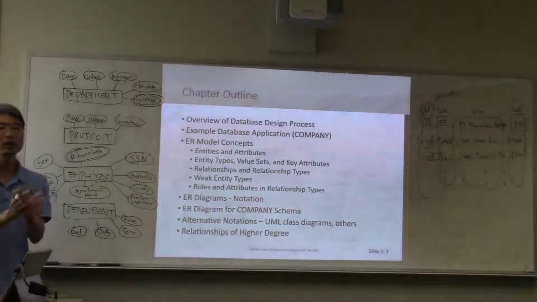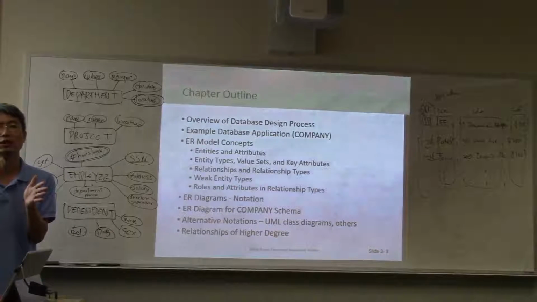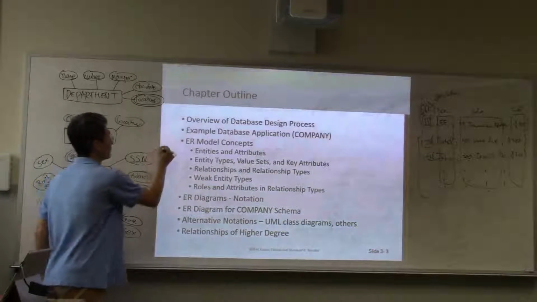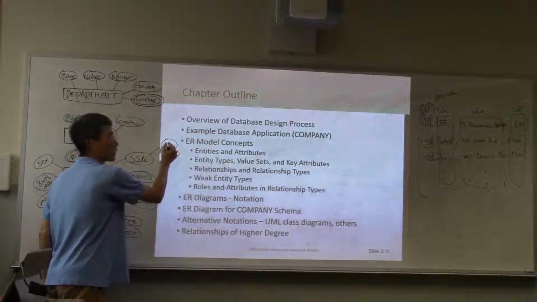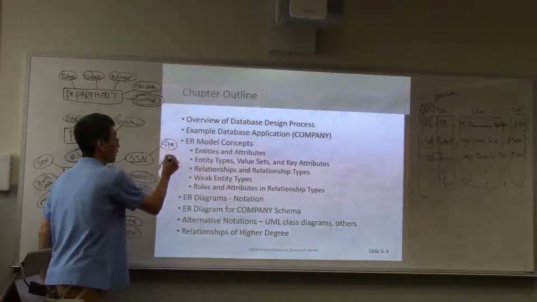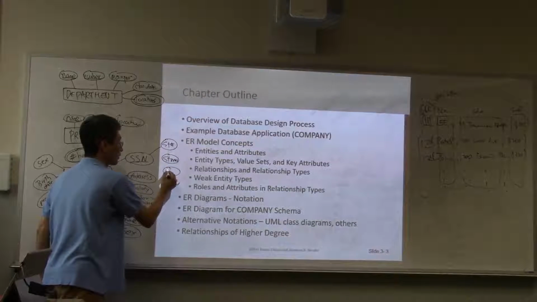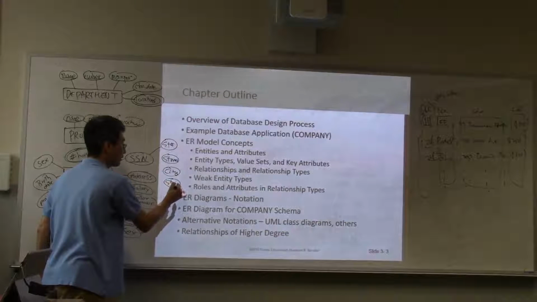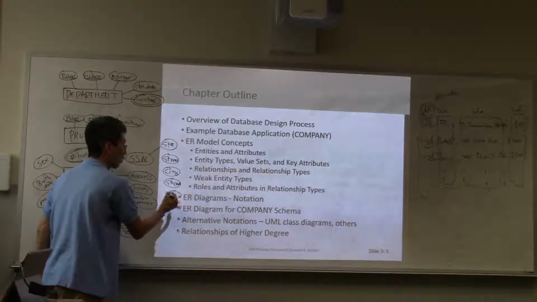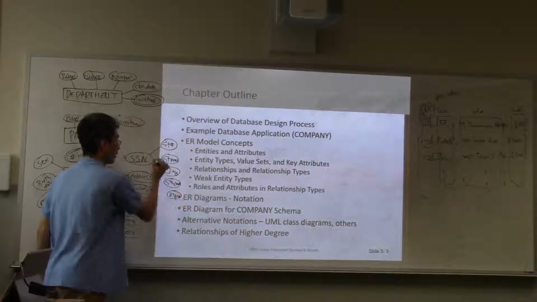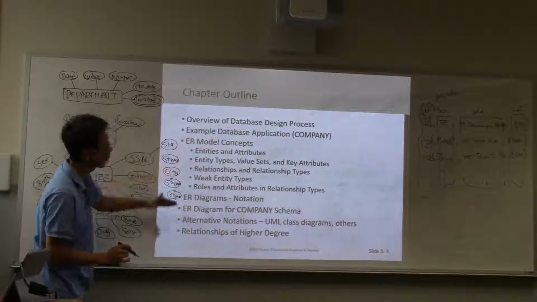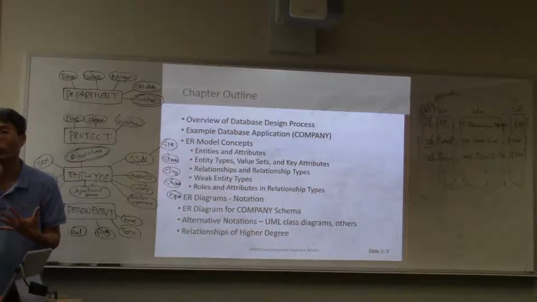Address can be decomposed to what? Street number, street name, city name, state name, and zip code. At that time, this is called a composite attribute.